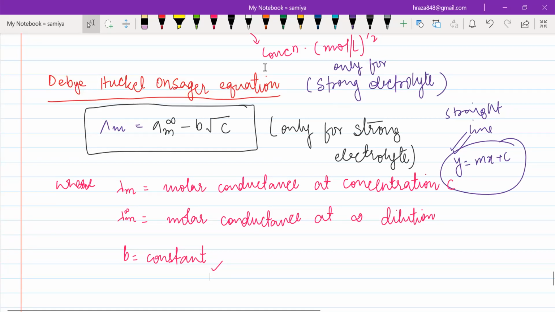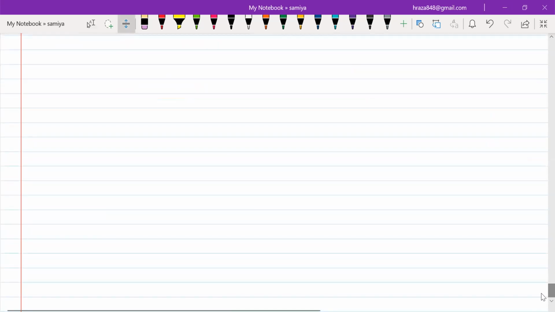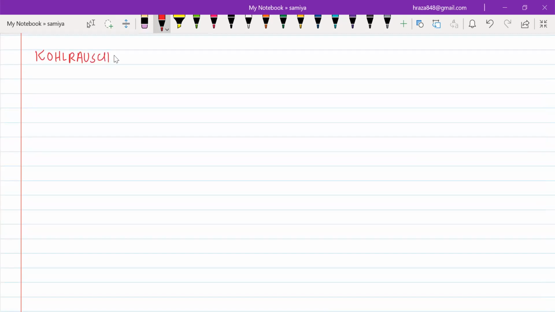Now we are going to start a new topic, Kohlrausch's law. First of all, I am going to define it. Write with me: Kohlrausch's law of independent migration of ions.